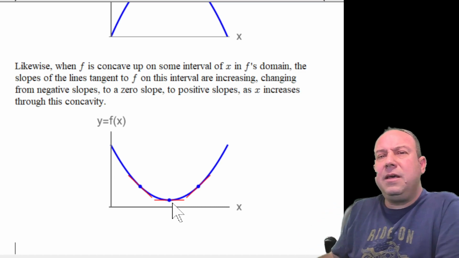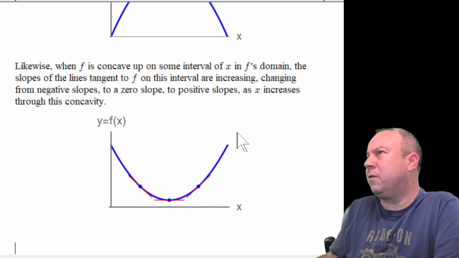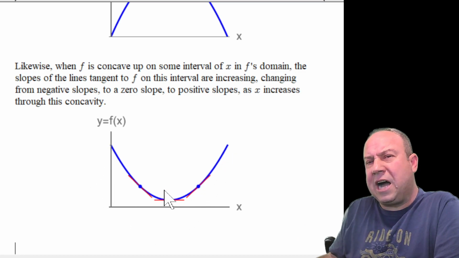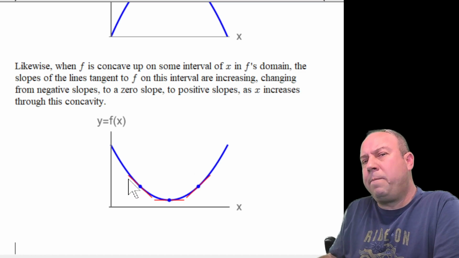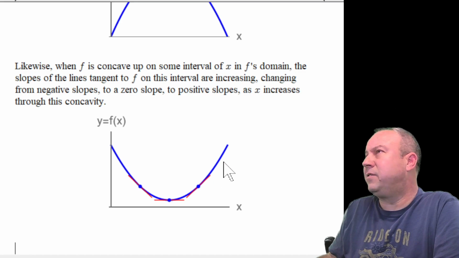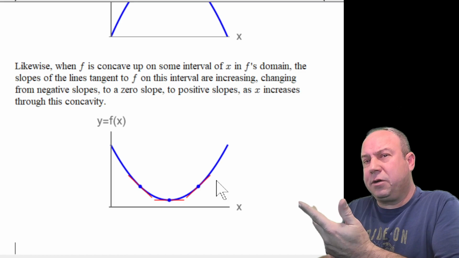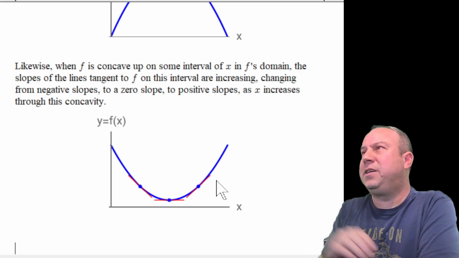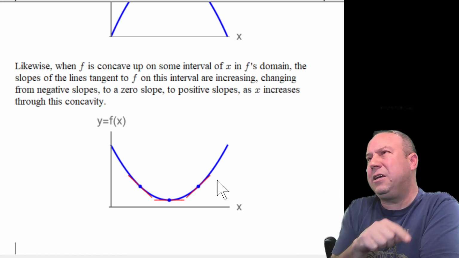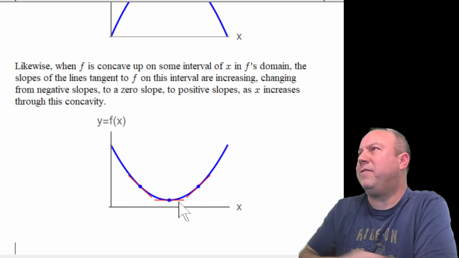And then it'll turn positive in value on the right half of the graph, where we are concave up. We'll go from negative slopes to 0 slope to positive slopes, indicating that we are increasing in value. The slopes will be increasing in value as x increases through this concavity.